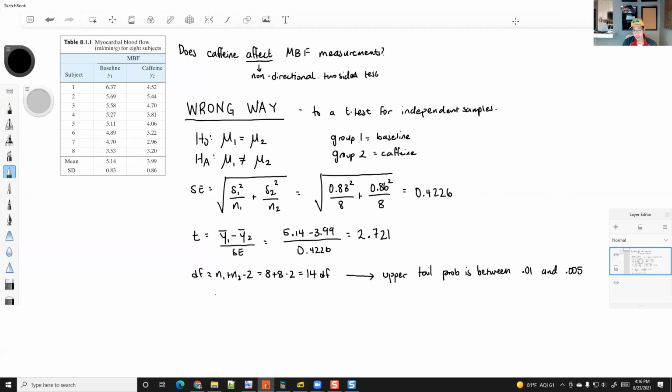And because we have a non-directional test, we will double our tail area for our p-value.